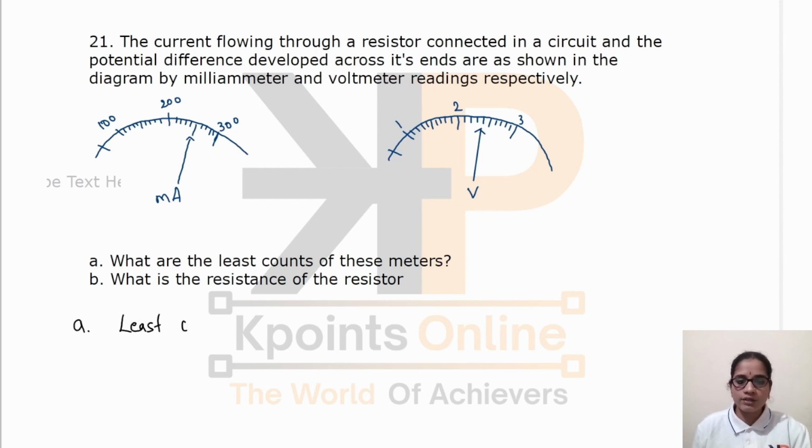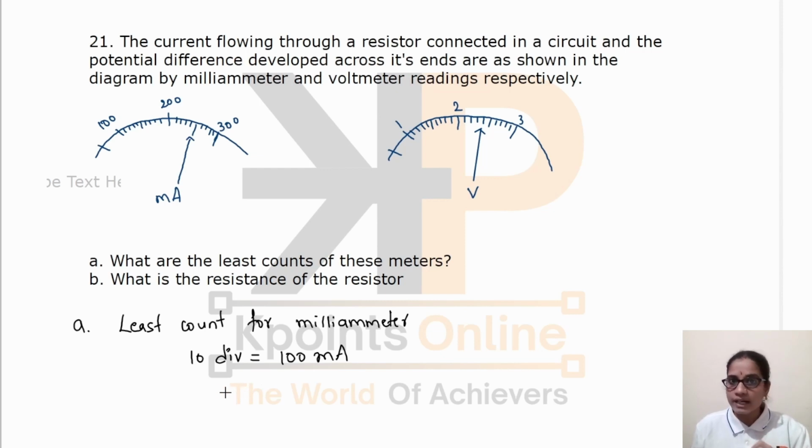Least count for the milliammeter. This shows that 10 divisions is equal to 100 milliampere, because the difference between these two readings is 100 milliampere and there are 10 divisions in between them.